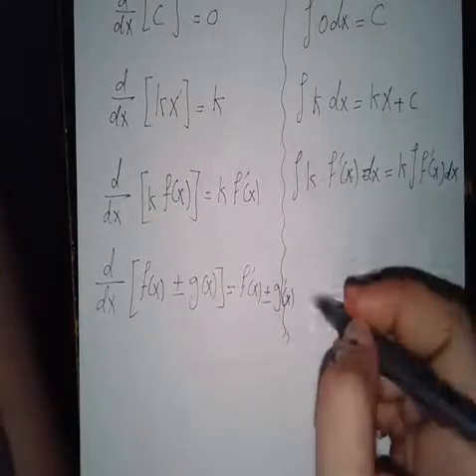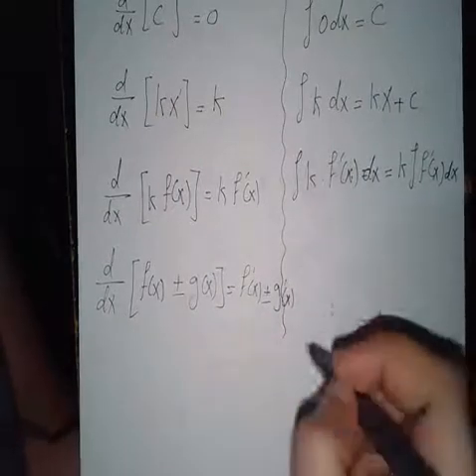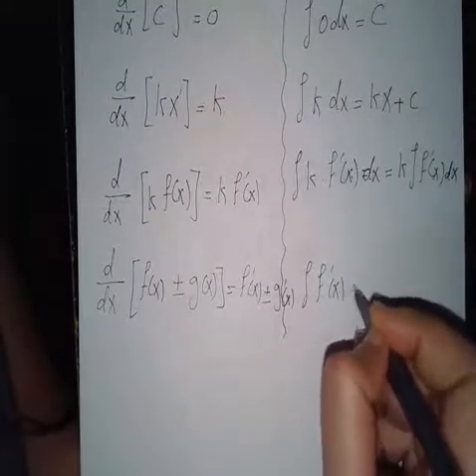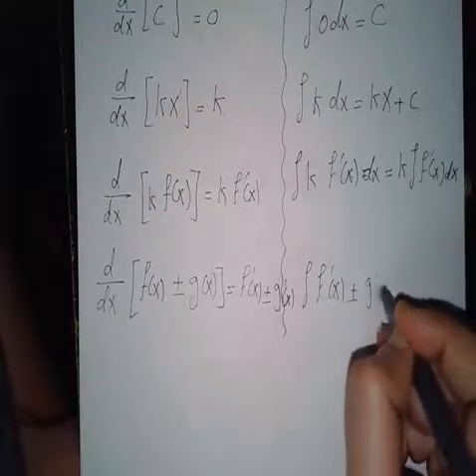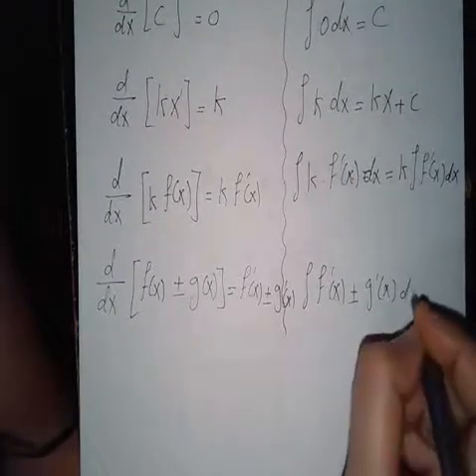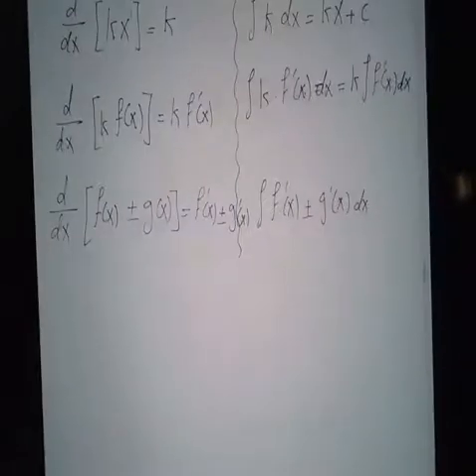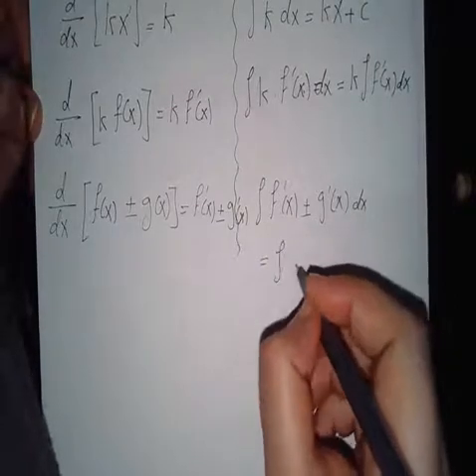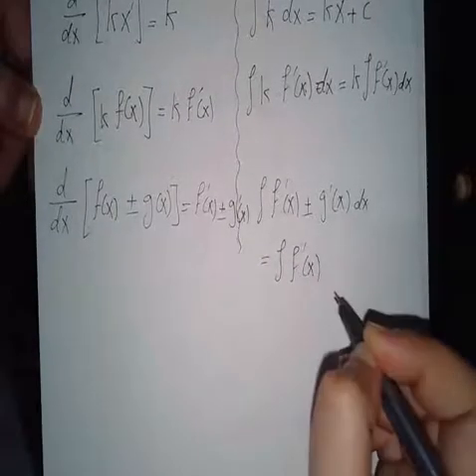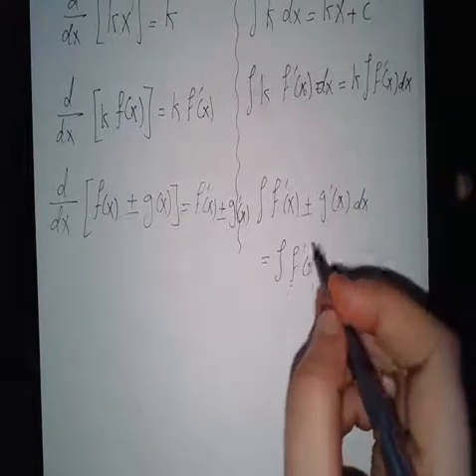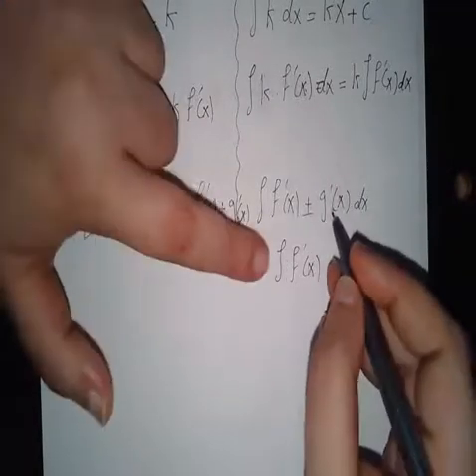So let's see what the integral would look like. So an integral of two functions added or subtracted from each other, both prime, right? dx equals separate integrals. Now again, you can technically solve it at once, but if it's too confusing, you can split the integral between both of them.